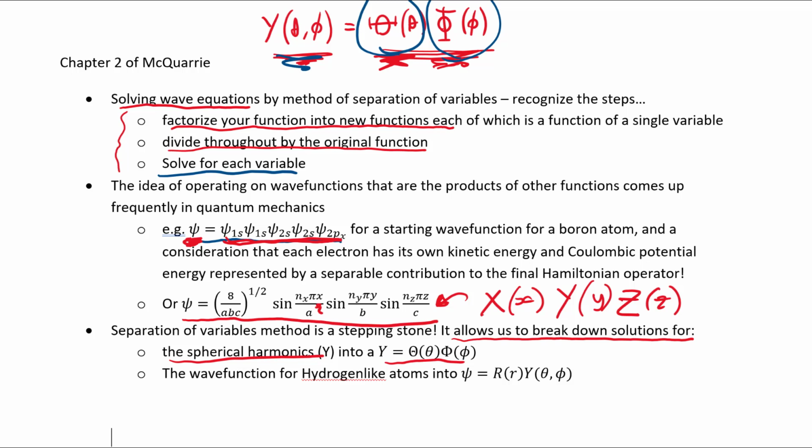And later we're also going to find that for hydrogen-like atoms, so atoms with just one electron, we can break the wave function down into a radial function in here, and then the spherical harmonics here, which are functions, of course, of theta and phi. So by breaking it down, we can take quantum mechanics one bite at a time, one chunk at a time, and we can get our heads around it. Otherwise it becomes way too complicated.